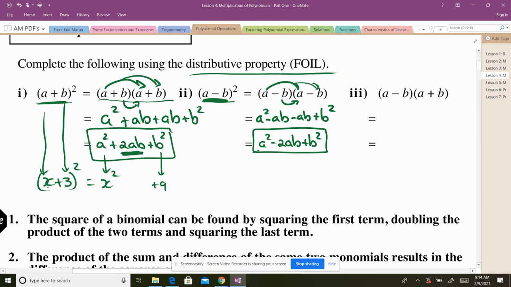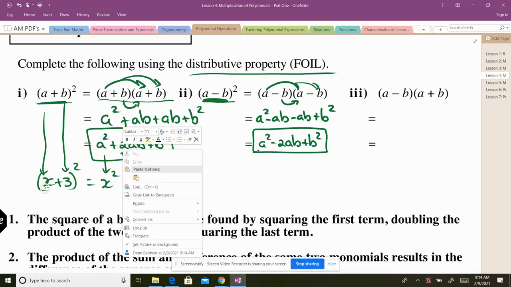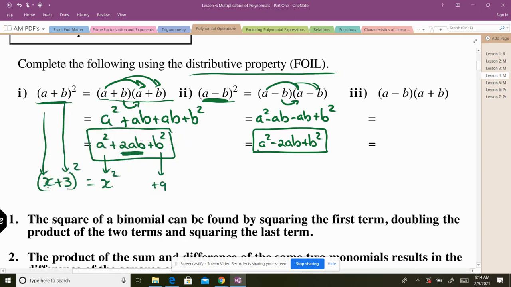And this middle term here is 2 times a, x, times b. What's 2 times 3? 6. So the middle term is 6x. When you do this enough, you don't have to write this out like this. You can just go straight to that.